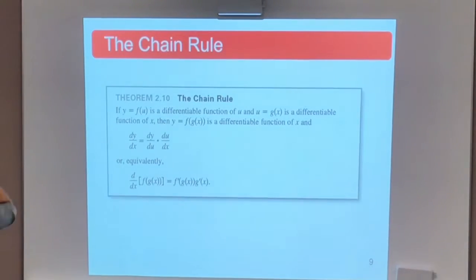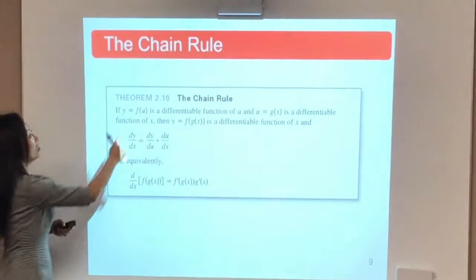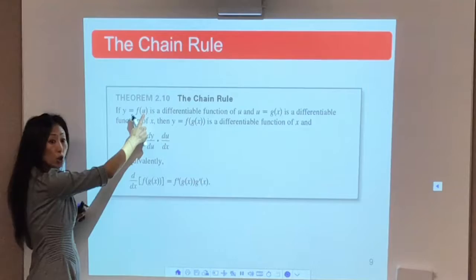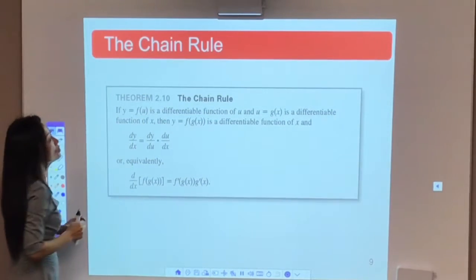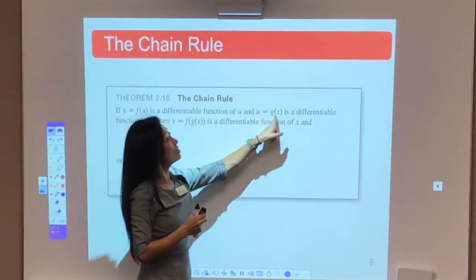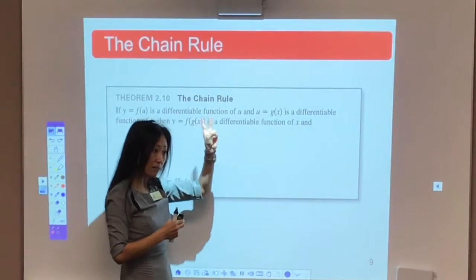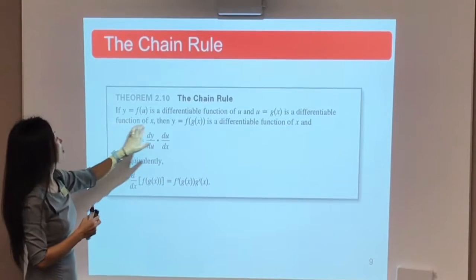So the chain rule: if y is f of u, does everybody see that? I didn't use x, I used u. If y is f of u, a differentiable function of u, and u is g of x, are you with me, class? So I have 2 composite functions, and it's a differentiable function of x.